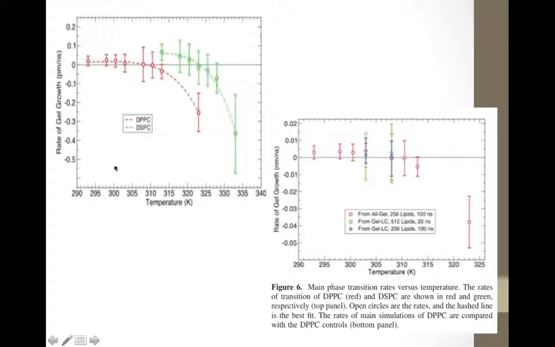We can see that as the temperature increases, the rate of gel curl decreases for both the DBBC and the DSBC systems. And this figure is the rates of the main simulation of DBBC compared with the DBBC control.